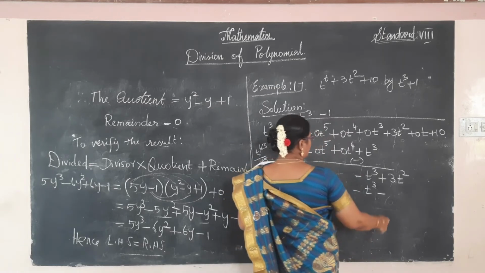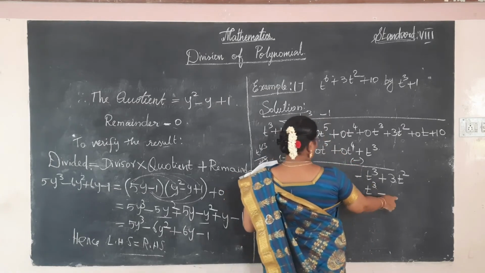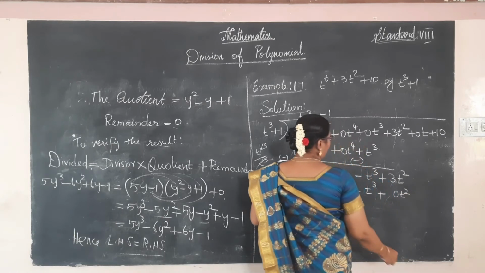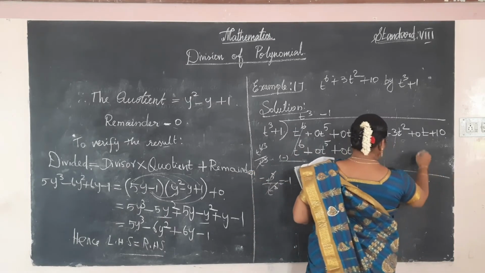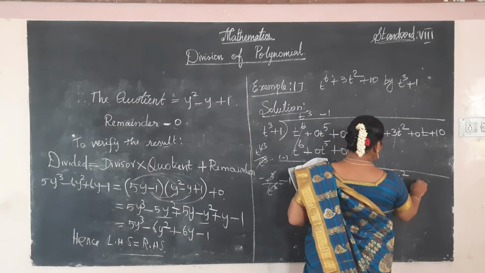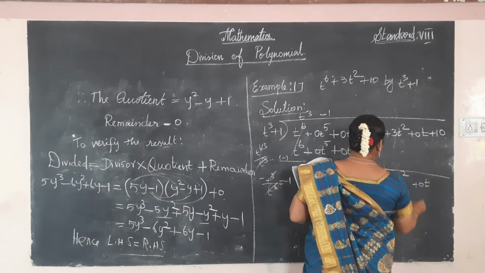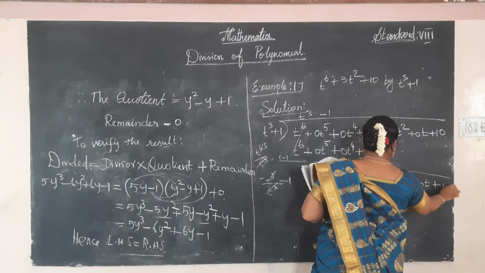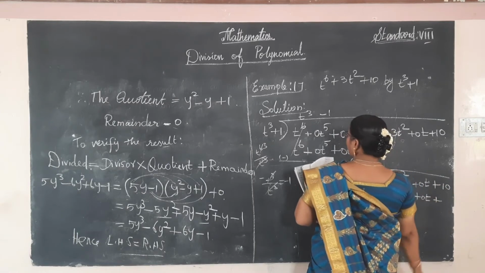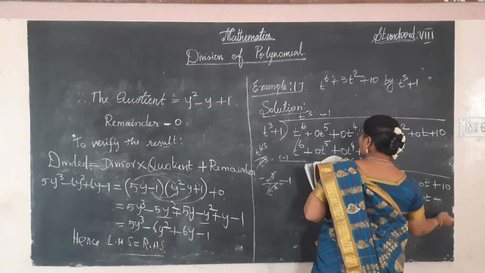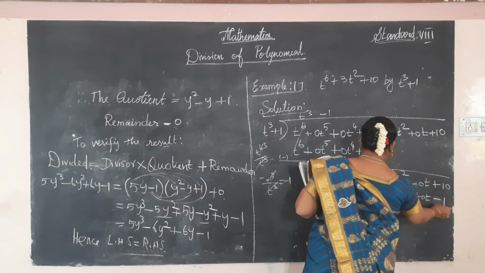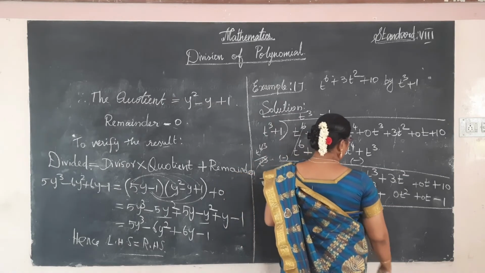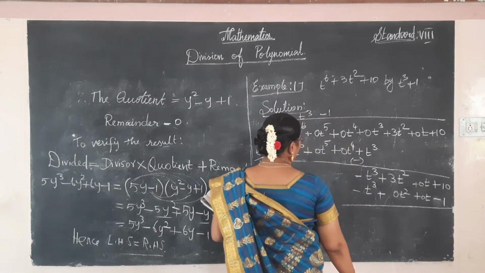The t term is not there, and the constant term is there. So in this place, instead of t square, we get 0, and t is also not there, and now we get minus 1, minus 1. These values are 0.